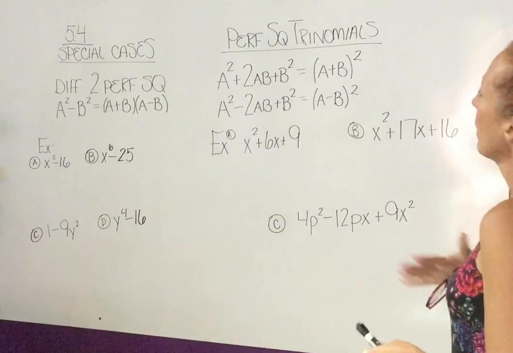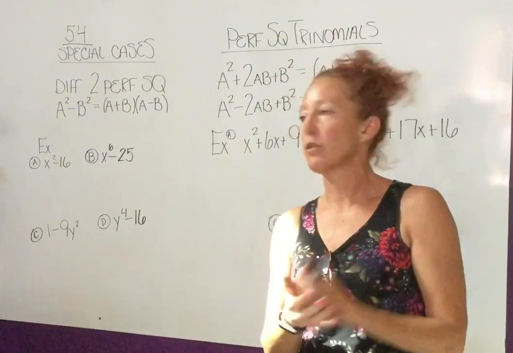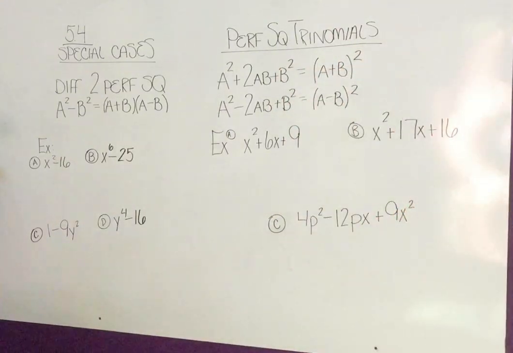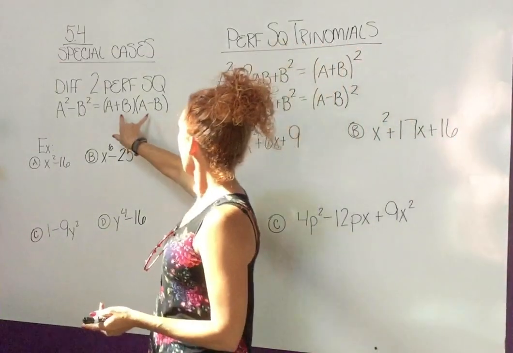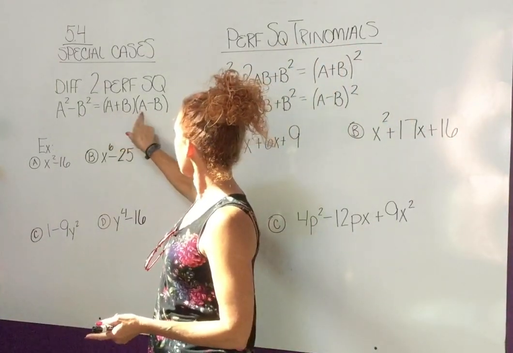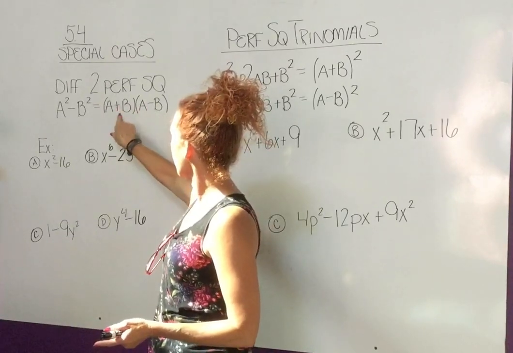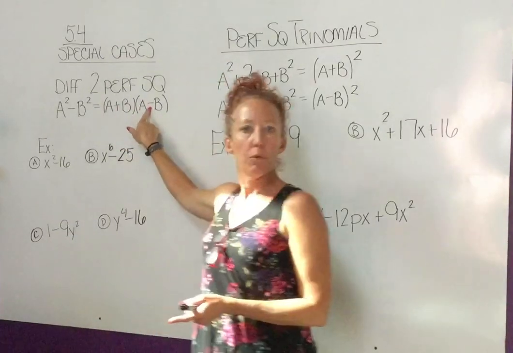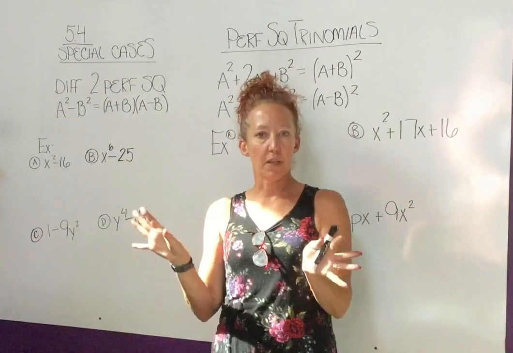All right. So special cases, some good easy pieces, always some tricks to go along with it. I don't know if you recall when we did the foiling, whenever there was a problem where the fronts were the same and the backs were the same and we had one positive factor and one negative factor, our middle guy dropped out.